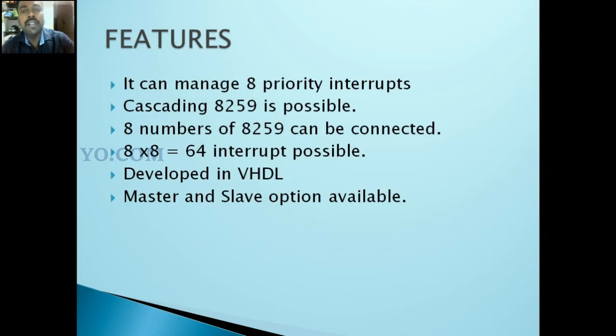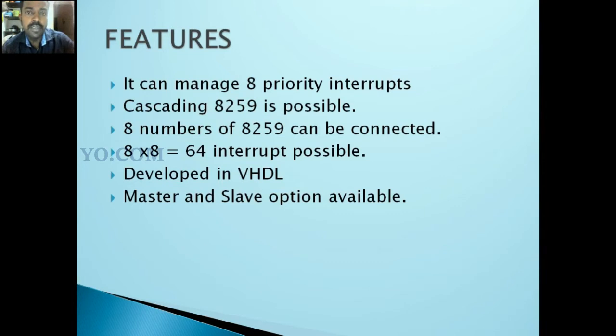So what will happen after an interrupt request? If a peripheral device requests an interrupt, at that time the 8259 finds its priority level. If it has the highest priority, it will forward the interrupt request to the next level, the microprocessor. So the microprocessor executes the routine. What is a routine?